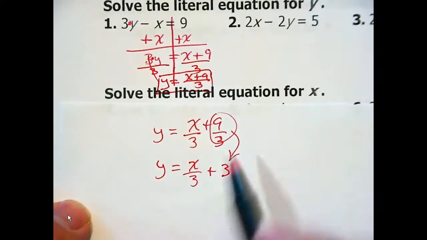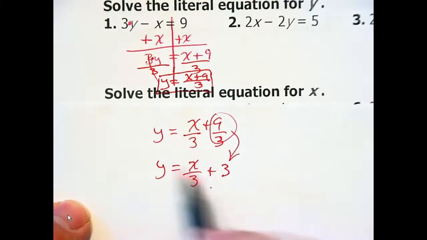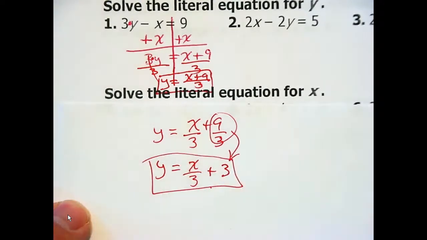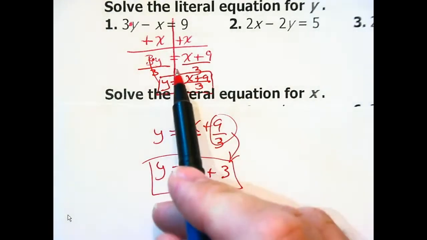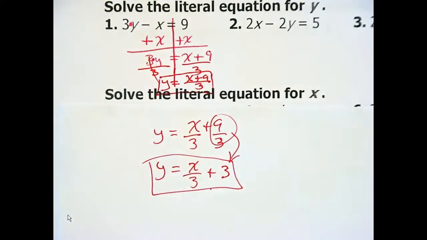So you could either leave it in this form or change it to this form. Make sense? Yeah, Mercedes? You've got to go in this order. You have to move that x first. Yep, the extra stuff on the outside.